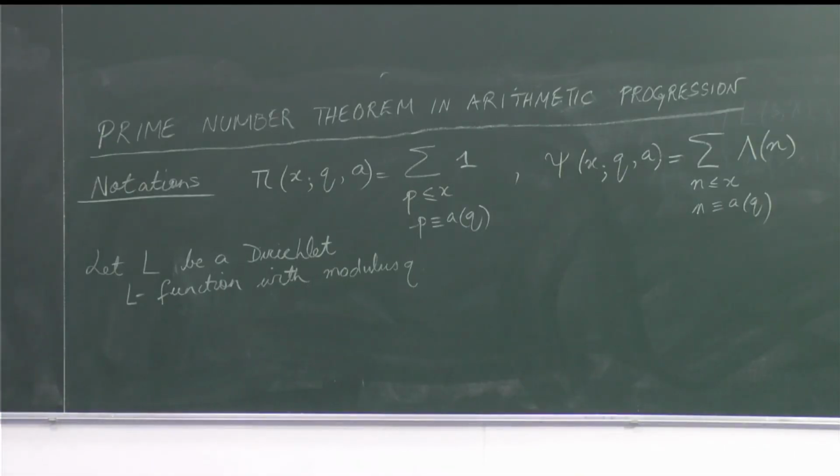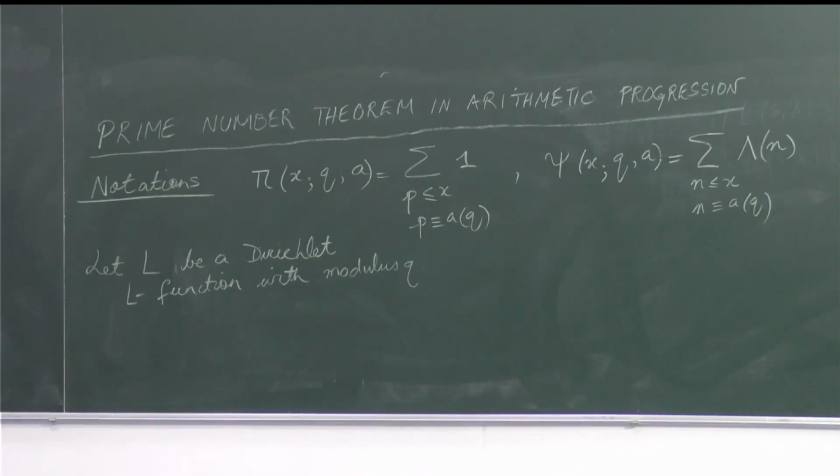I want to recall things that you already know. If a and q are coprime, this condition is to make the definitions consistent, so we always have a and q coprime. And then you know how we get a linear combination of characters.